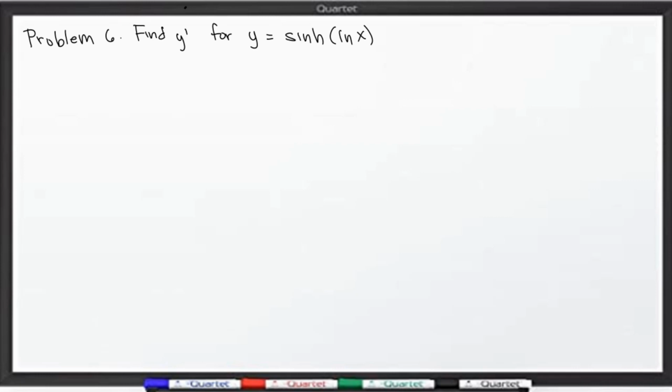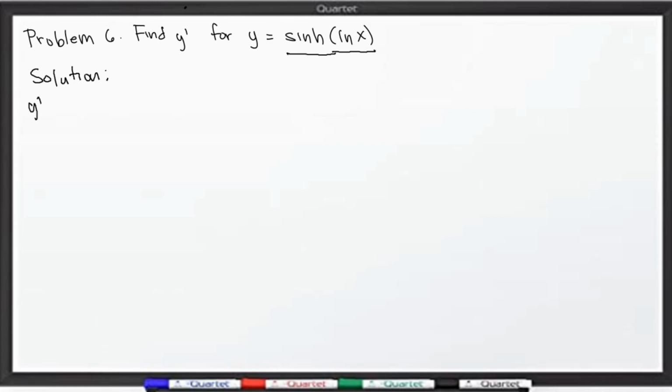We have problem number 6. Find y prime for y is equal to sinh of ln of x. So we have a function within a function, so the solution will be chain rule. Whenever you have a function within a function, chain rule po tayo, no?